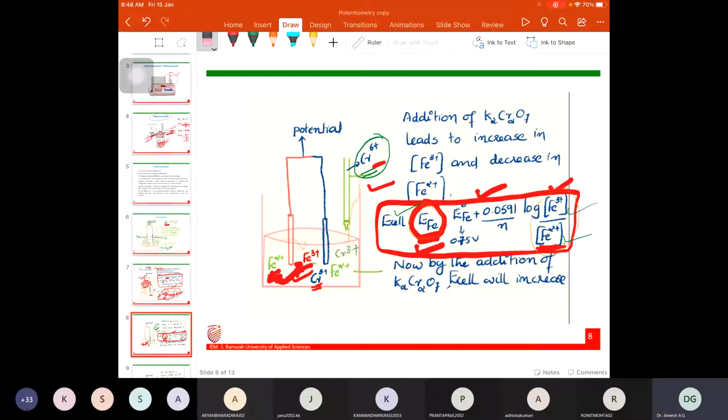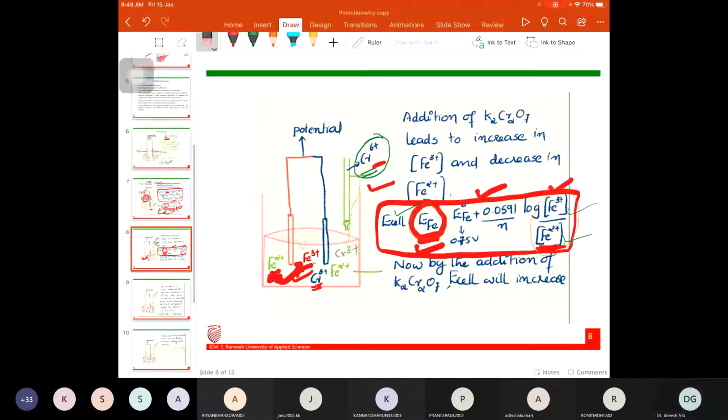And that point is known as the end point. Any doubt? No, sir. So the end point, when will it be reached? When Fe2+ ions are completely converted into Fe3+ ions. At that situation, we will call this reaction finished. The reaction is over and we got our end point. Any doubt?